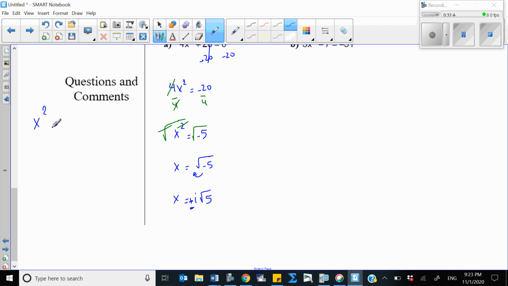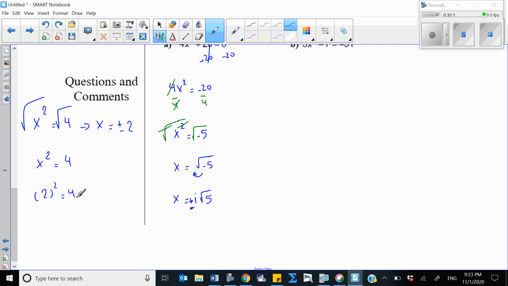Let's say we have x squared equal to 4, and I want to solve this. I just take the square root of both sides, and then I say x is equal to positive and minus 2. Why do I write positive and minus 2? Because in the original equation, x squared equal to 4, if I replace x by 2, this is going to be 2 squared equal to 4.